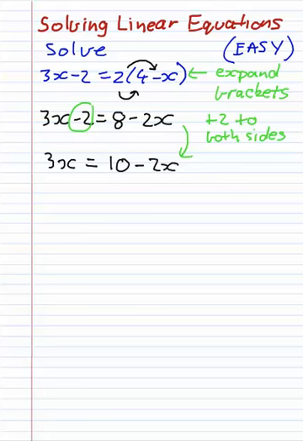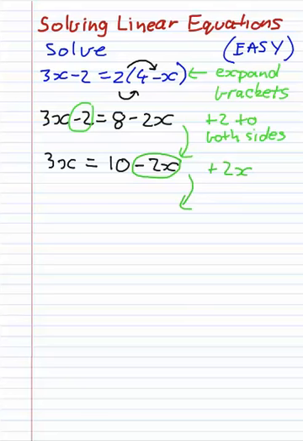Okay, that looks even easier now, doesn't it? It's looking simpler and simpler. How can we make it look even more simple? Well, let's try to get rid of this minus 2x. How are we going to get rid of a minus 2x? Well, let's do the opposite. Let's add 2x to both sides.